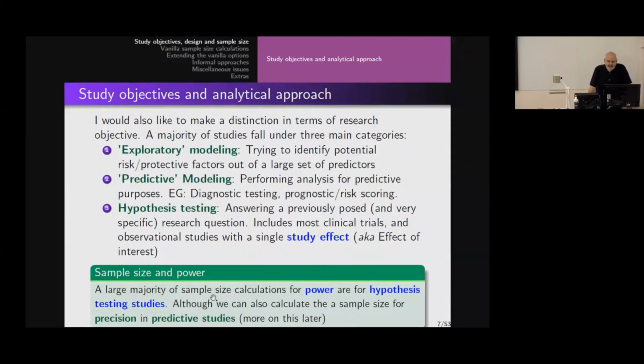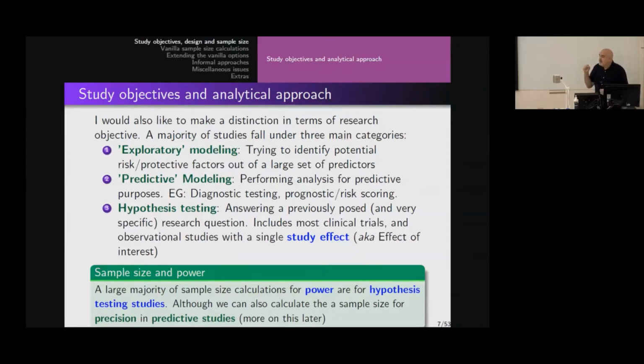Okay, so a large majority of sample size calculations for power are for hypothesis testing studies, okay? And what is power? Power is our ability to detect a true effect. That's what the power of a study is, okay?